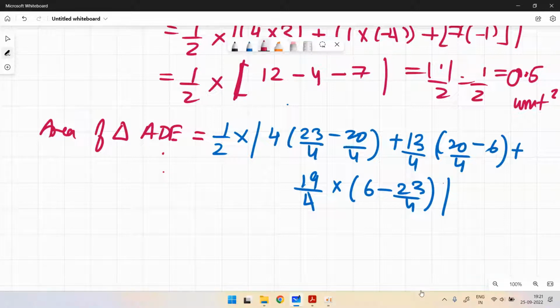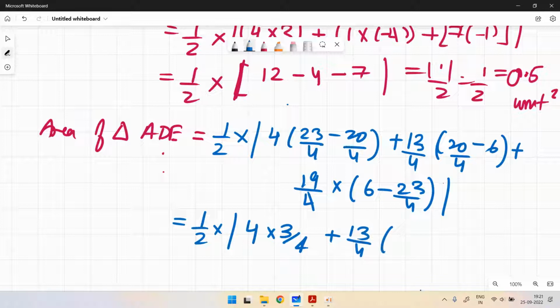If you solve this, this will be half into this: 423 minus 20 is 3, so this is 3 by 4, plus this is 6 by 4, 20 minus 24 is minus 4, so this is 13 by 4 into minus 4 by 4, plus this is 19 by 4, and 24 minus 23 is 1, this is 1 by 4.